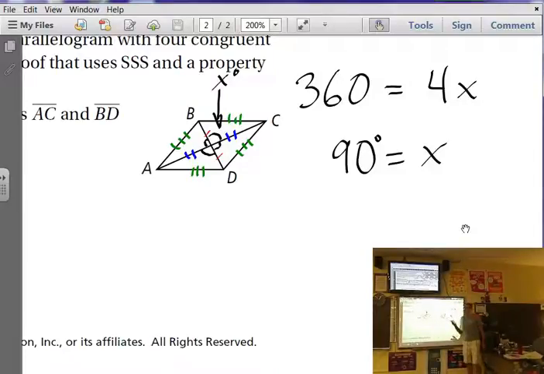The corresponding parts have to be congruent, so I know that they are all the same size. That makes sense? CPCTC is a very important theorem to remember when you're working with triangles.